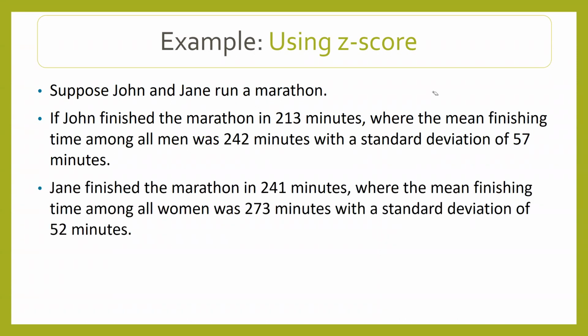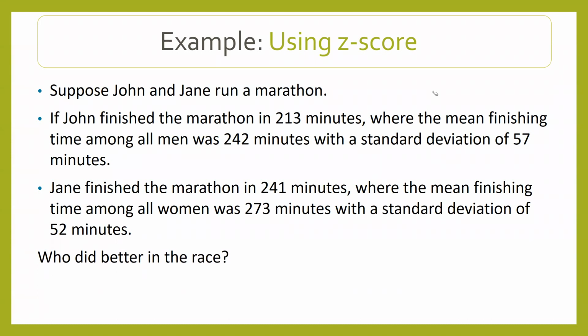Jane finished the marathon in 2:41 minutes. Oh, so Jane is slow, not as fast as John, where the mean finishing time among all women was 2:73 minutes with a standard deviation of 52 minutes. One can rush into a conclusion, but the question is, who did better in the race?